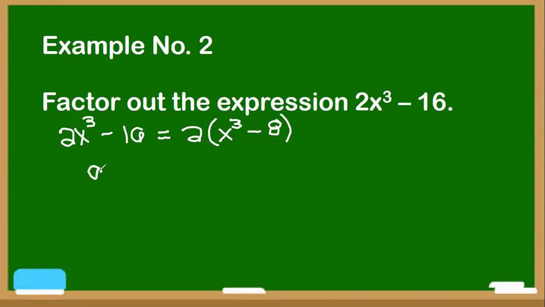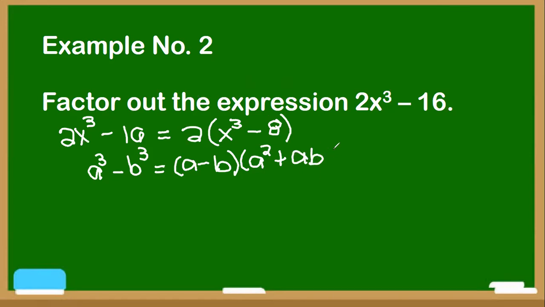So we all know a cubed minus b cubed is equal to a minus b multiplied by a squared plus ab plus b squared.